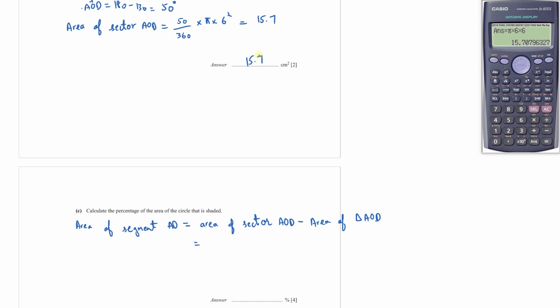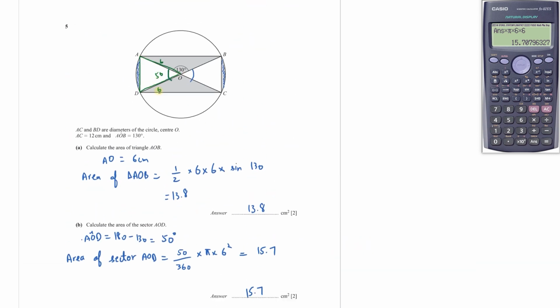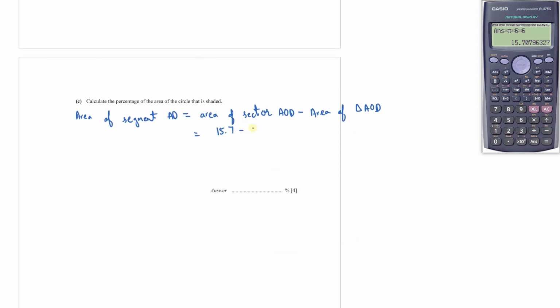Area of sector AOD is 15.7 minus the area of triangle AOD, which will be 1 by 2 into 6 into 6 into sine of 50 degrees. So let's calculate this. 1 divided by 2 into 6 into 6 into sine of 50. This is 13.78, and then 15.7 minus the answer is 1.91. So this is 1.91 centimeter square.